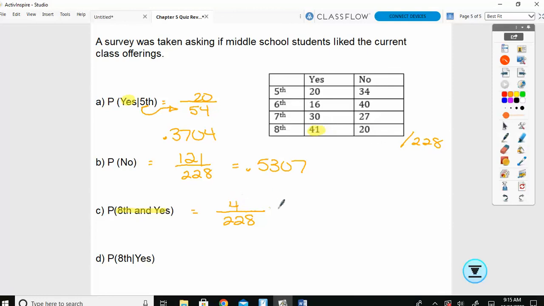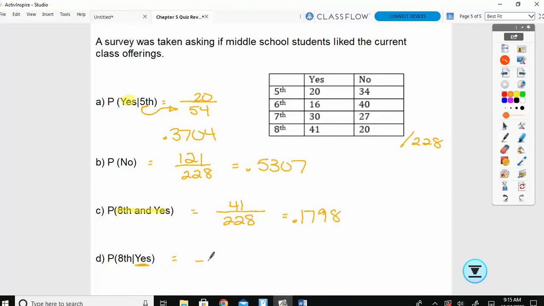So 8th grade and yes, there were 41 people. Get 0.179. Last one.